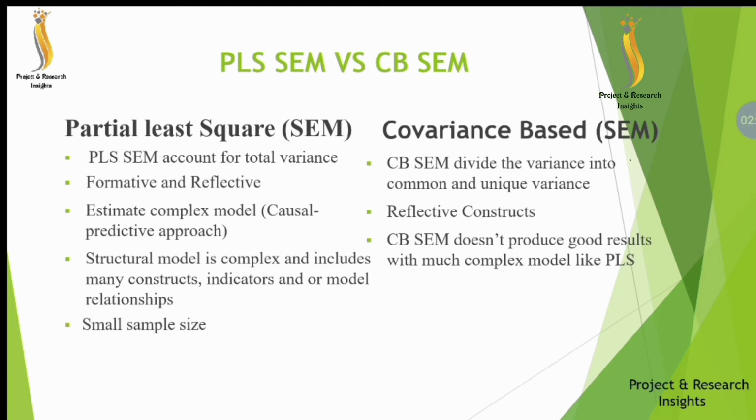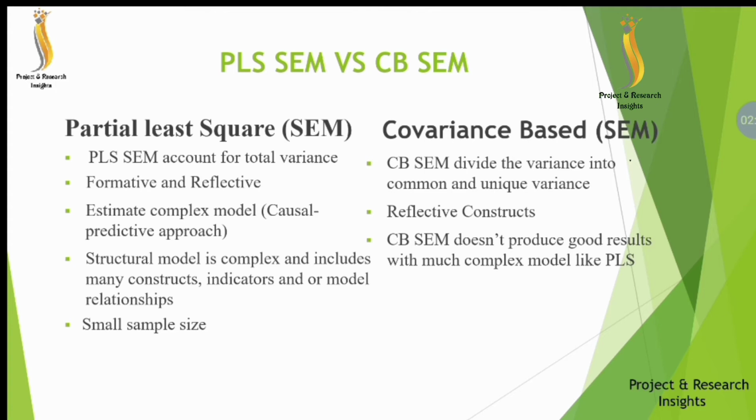Sample size: small sample size in PLS-SEM. A sample size of 30 to 80 is also treated well with PLS-SEM, but it doesn't mean that you go for a smaller sample size. If a larger sample size is available, then go ahead with it.